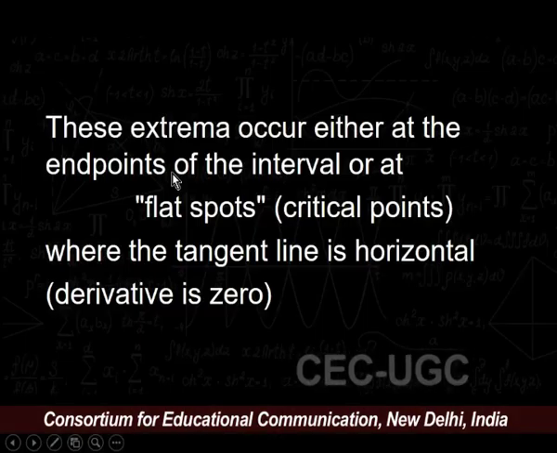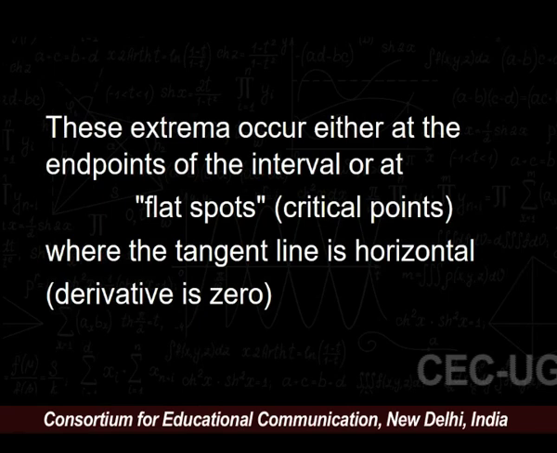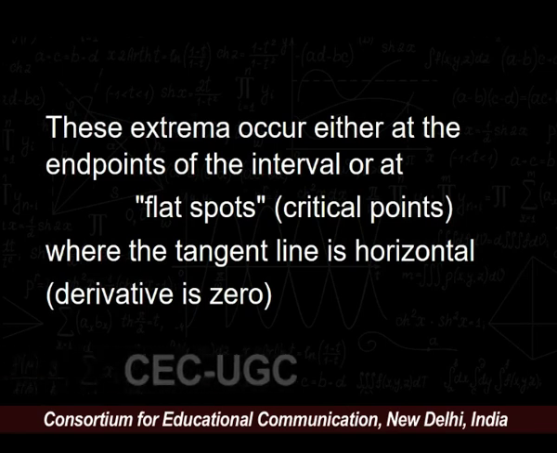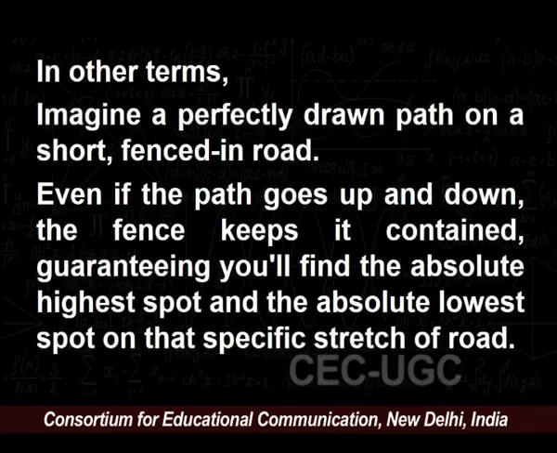These extrema occur either at the endpoints of the interval or at the flat spots, that means the critical points where the tangent line is horizontal, that means the derivative is 0.